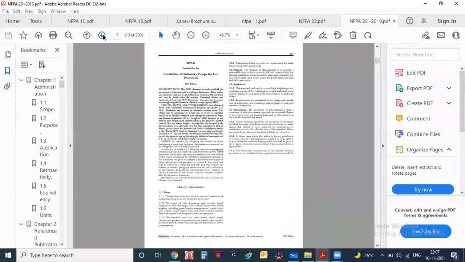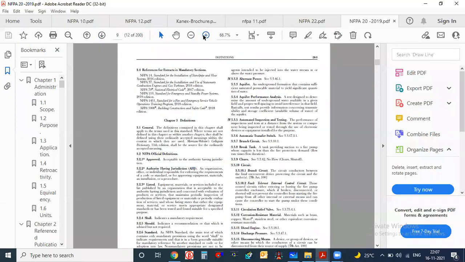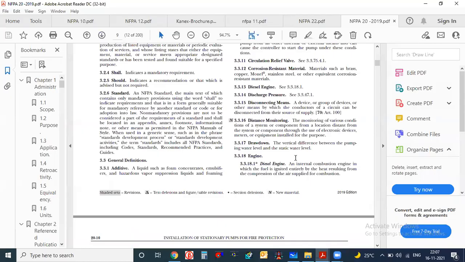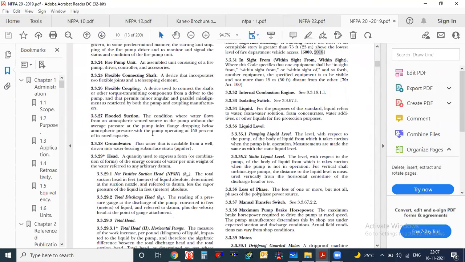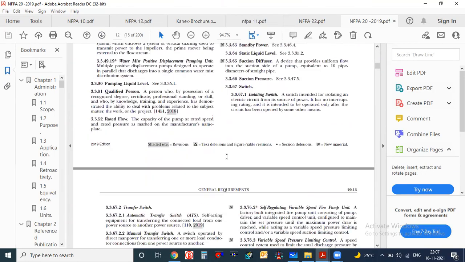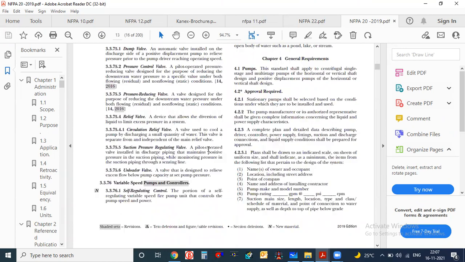First, as usual, all the definitions, which are not required for us, but still we will just go through this. They will give the general definitions: head, NPSH, total discharge head, total head. Those definitions are given, so you can just check this.